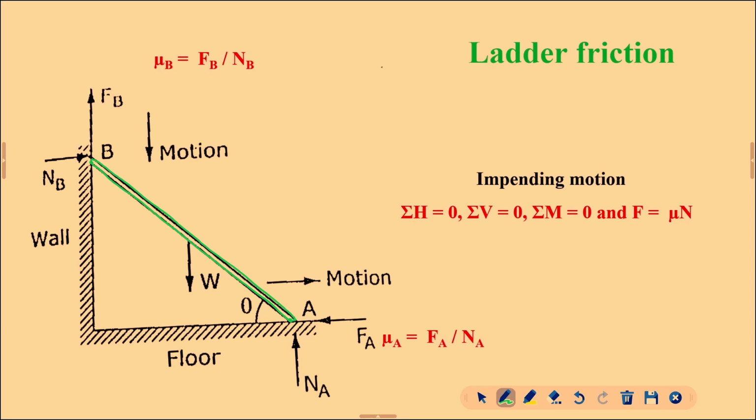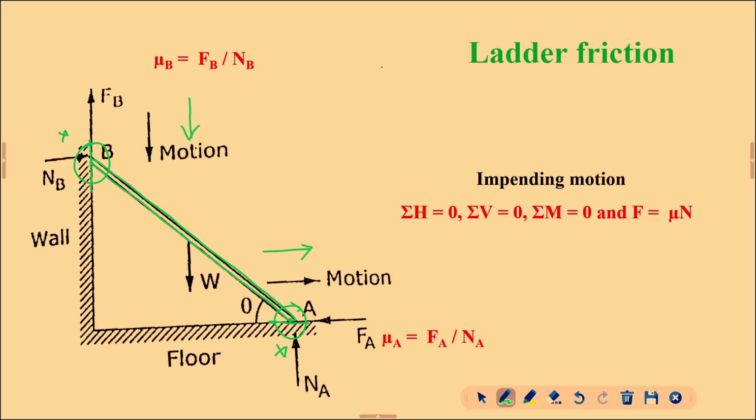So, this is the floor and this is the wall. If there is no friction at this point and no friction at this point, what will happen? This ladder will start moving in these two directions.